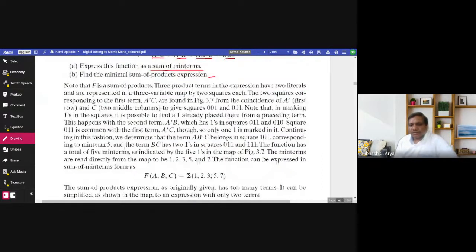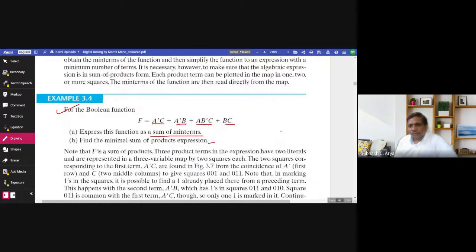Okay, I will do it for you here. So here I write a bar, a, b bar c bar, b bar c, bc, bc bar. So this is your 0, 1, 2, 3, 4.